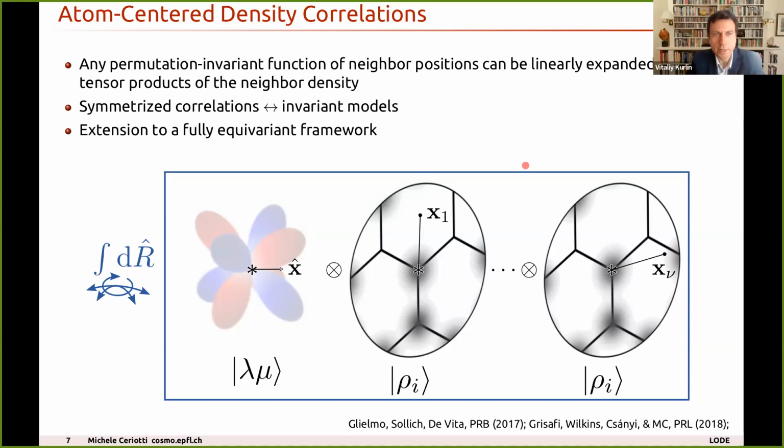So these words, a fully equivariant framework, what does it mean? It means that no matter the type of property that I'm predicting, if I physically transform the input by permuting the entries of a matrix or rotating a molecule in space, the output also transforms in a way that is consistent with this transformation.